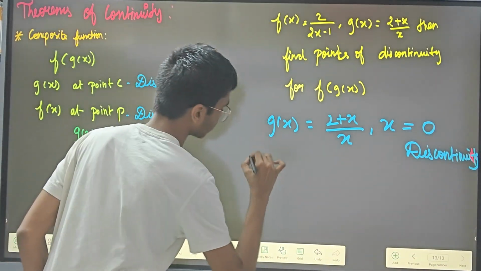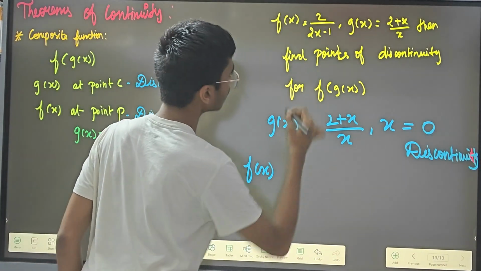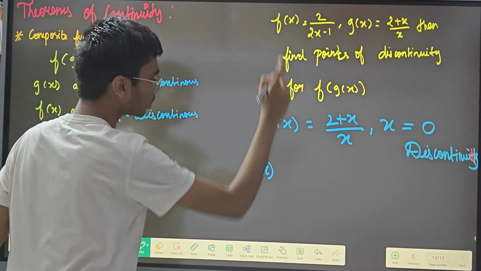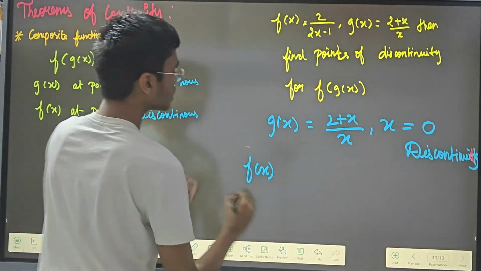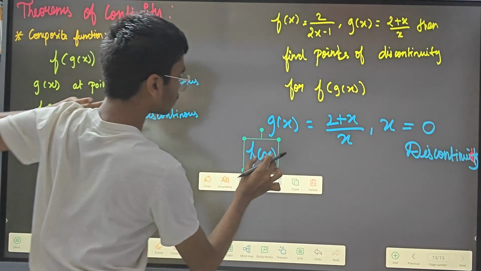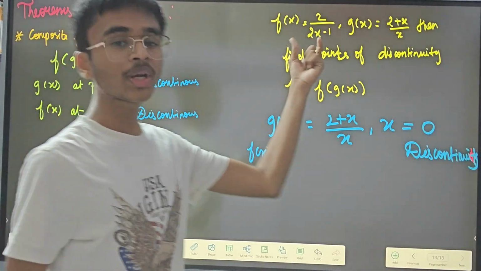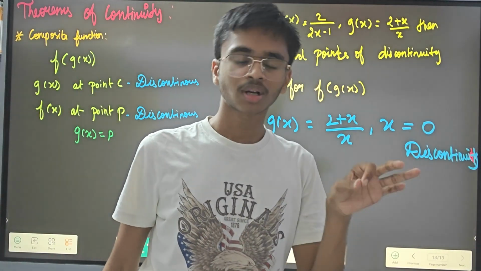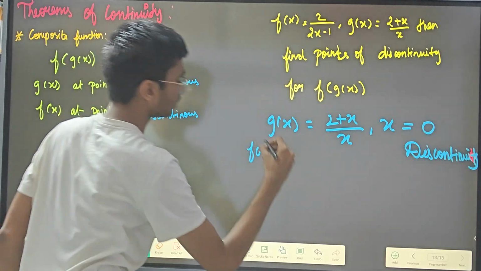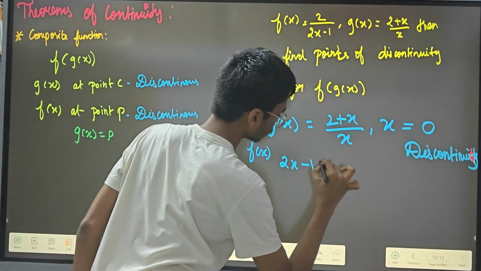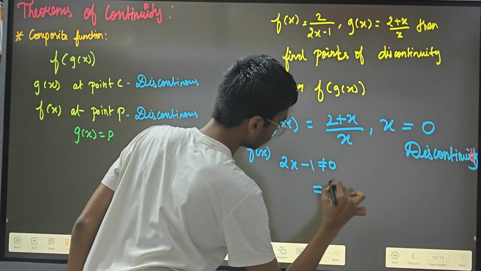Next is f of x, which is this value, right? So you know that for the case of f of x, not only for this but for any rational function, for any fraction, the denominator should not be equal to 0. So that means 2x minus 1 should not be equal to 0. Then it will be 1 by 2.